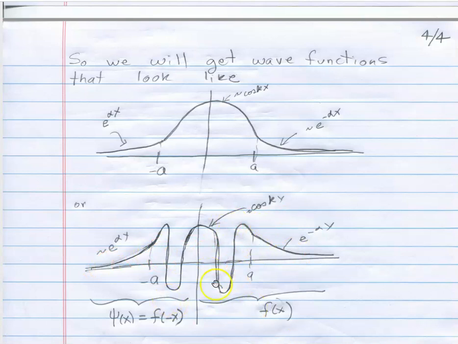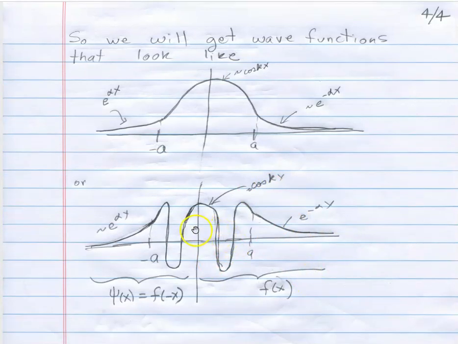Now, we really have only found the solution f of x on this side. And then to get the wave function on the other side, I just take whatever the positive function is to make it symmetric and make the wave function on this side be equal to f of minus x. So everything that's over here, I put a minus x in, and then generate the solution.